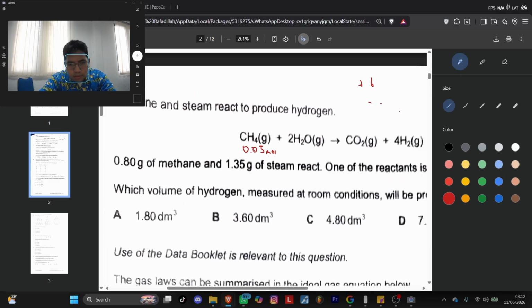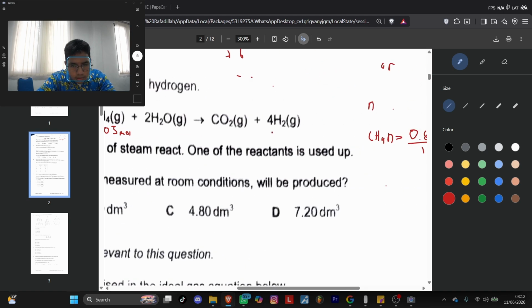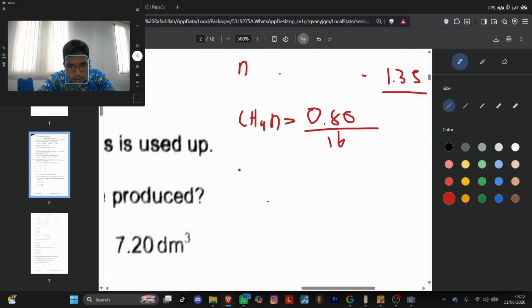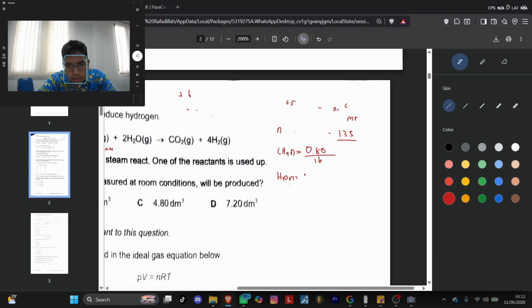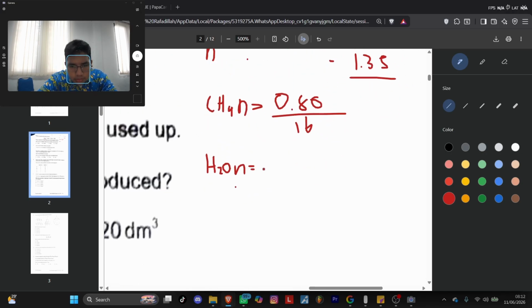And then we need to find the mole of steam. Just like that, we need to find the mole with the same equation that we used for methane. So we know that this is 1.35. 1.35 per, H is 1, O is 16, so we have 18.